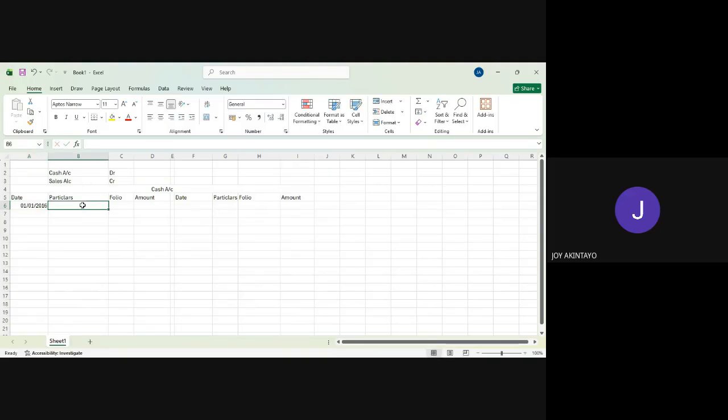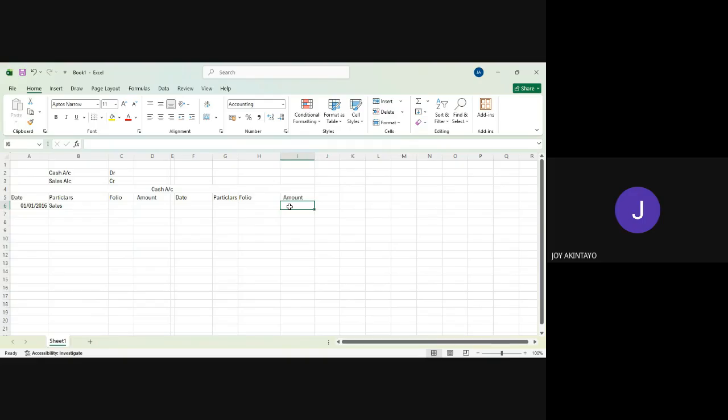When you want to write your narration, which is the particulars, it is going to which account? Sales. Are we together? Then how much is our money? 900,000 naira.